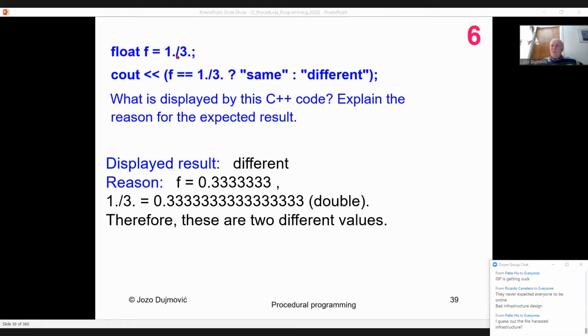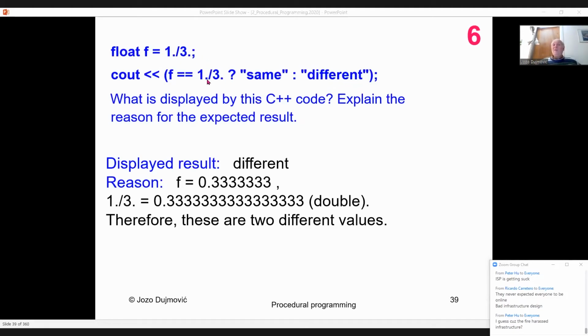On the other hand, this float has only 7 significant decimal digits. So this f is 0.3333333. It has 7 digits here, and this one has 16, and it is bigger. So when you compare these two things, of course, the compiler will convert this to double precision, will subtract these two things, will find that they are different, and will say different. It is not the same.